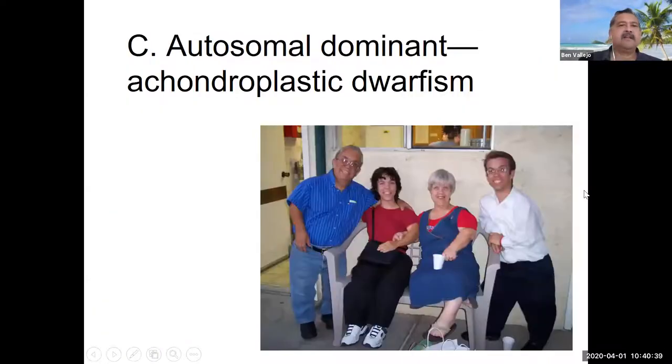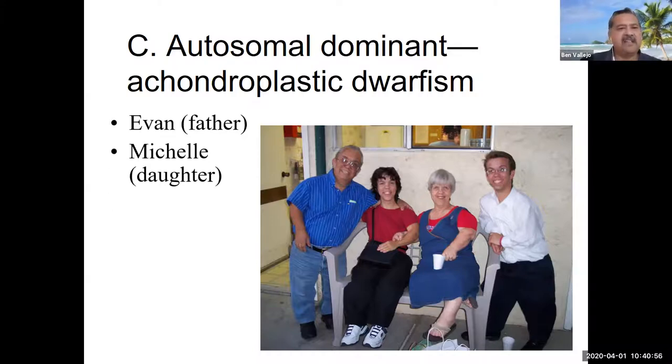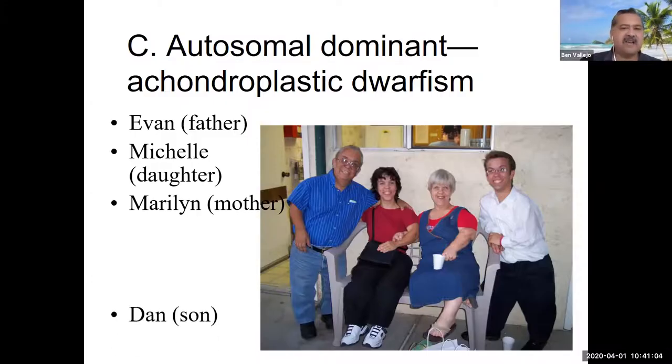All right. Here's some of my friends who are shorter than I am. They are little people. Don't call them dwarfs. They don't like that. They're called little people. And so my friend Evan and Michelle was actually in my college class as a student. My friend Marilyn is the matriarch to this family.